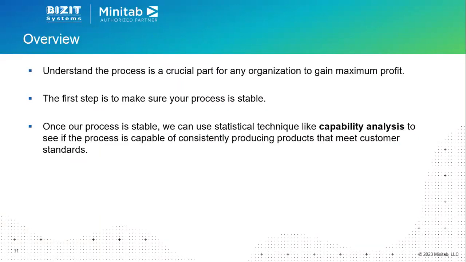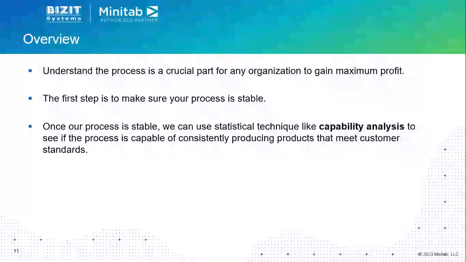So as a business, or maybe as a professional like an engineer or manager, related to the company, of course our focus is to gain maximum profit. So maybe the first step is to make sure our process is stable.